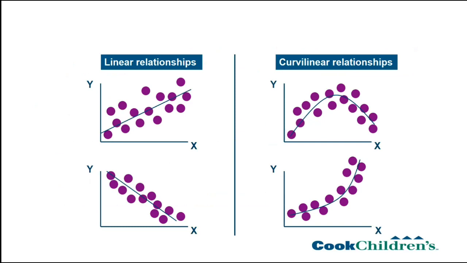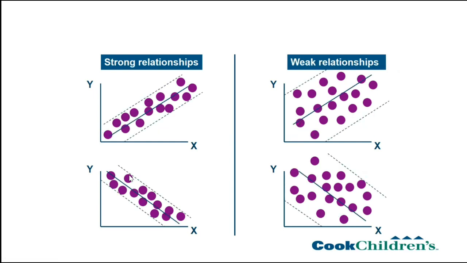So here are some sample scatter plot graphs showing linear relationships and curvilinear relationships between x and y. You can see that depending on how close the data points are to your best fit line or your model line equation, you can have strong or weak relationships.